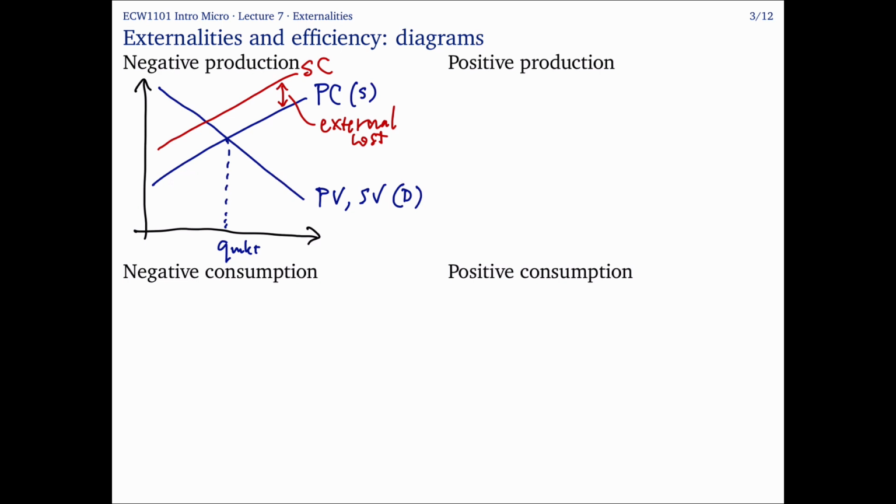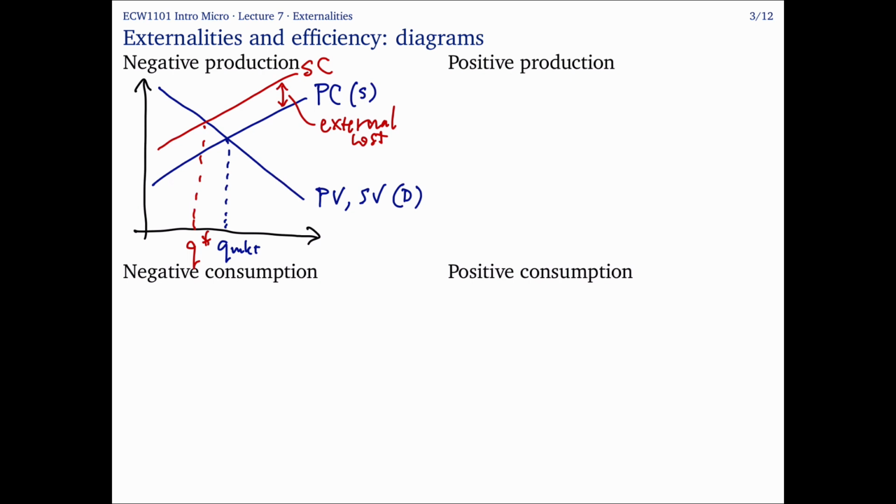The market equates private costs and private values, but for efficiency, we should equate social costs and social values to reach this quantity. This is the efficient quantity, which is lower than the market quantity.